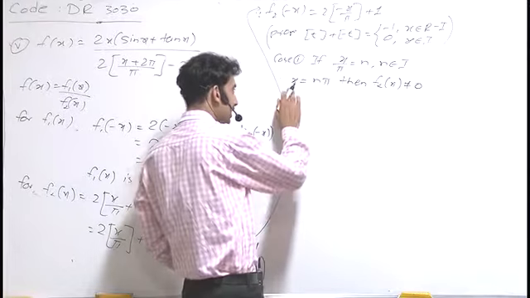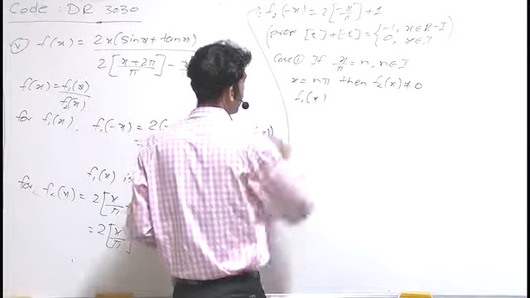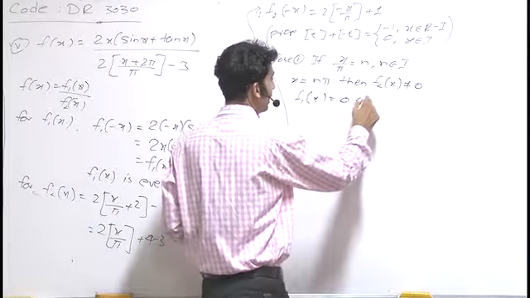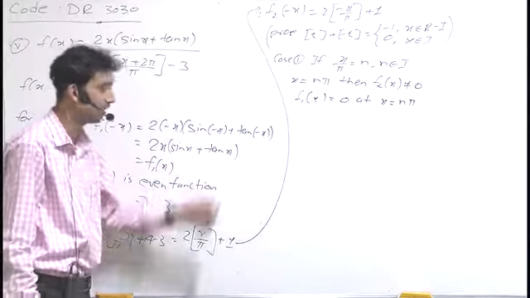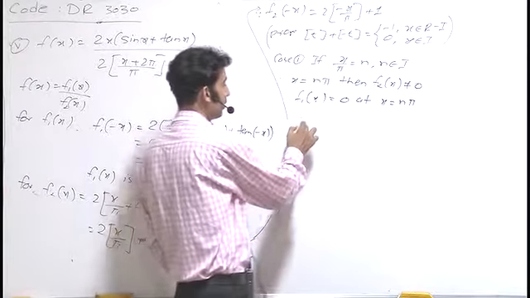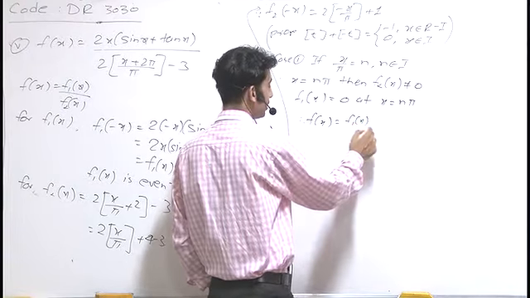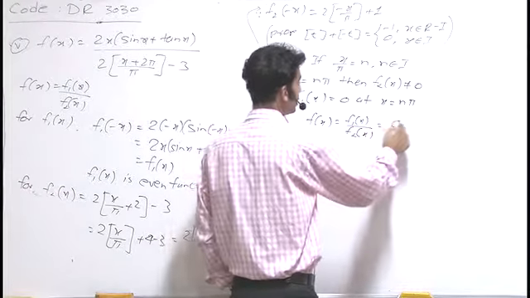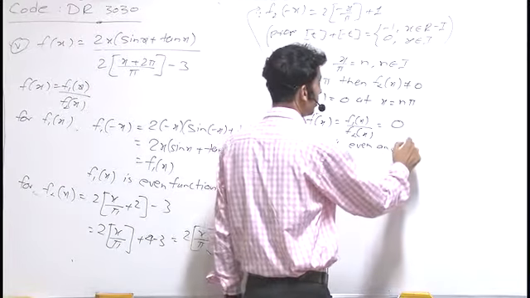But if we take x equal to nπ, it will impact f1(x). f1(x) equals 0 at x equal to nπ, because sin x and tan x both become 0 at x equal to nπ. Therefore f(x) can be written as f1(x) upon f2(x), and it gives us 0, and hence f(x) equal to 0 gives us that f(x) is both an even function and an odd function.